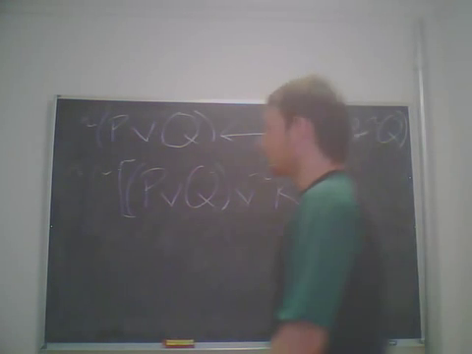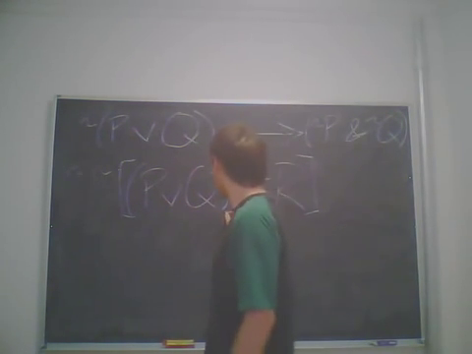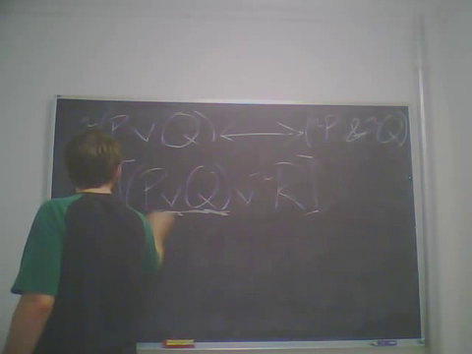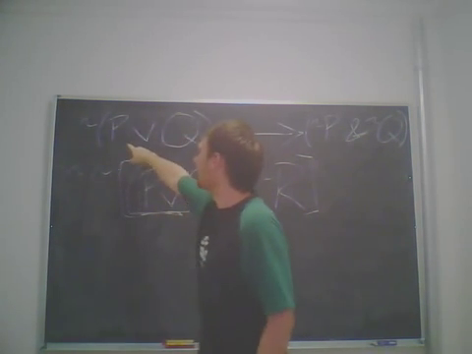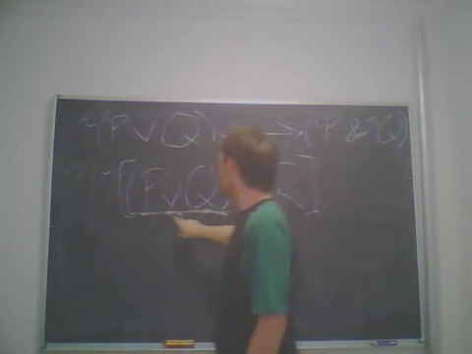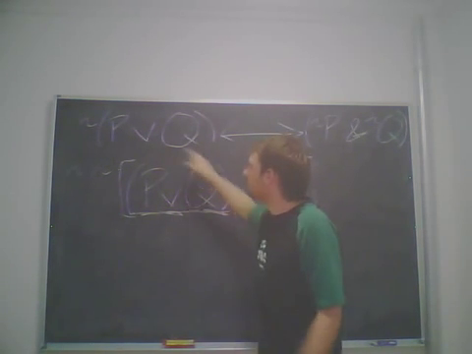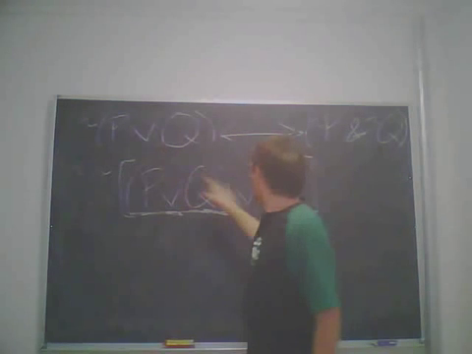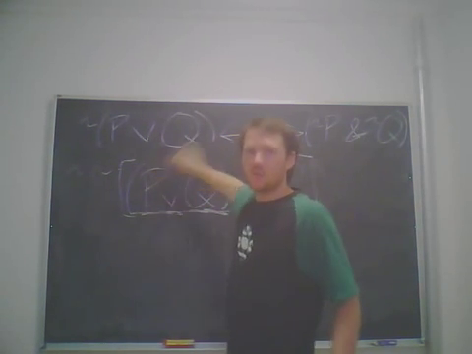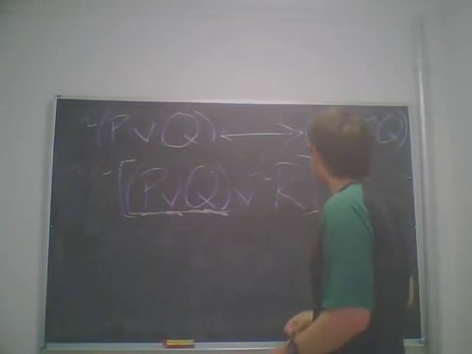So what I do is essentially treat this as my whole left-hand side. It's kind of like this P. This is the stuff that's on the left of my main connective. And then this not R is like the Q, the stuff on the right-hand side.